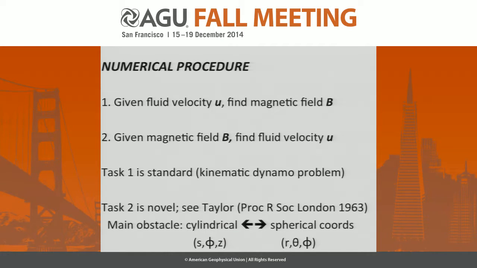The traditional way of solving this at the moment is to just solve for the fluid velocity. The target is, given the fluid velocity, find the magnetic field, and they do that simultaneously with the second thing, which is, given the magnetic field, find the fluid velocity. Now, for the magnetostrophic dynamo, which I'm going to talk about, you have to separate these things.